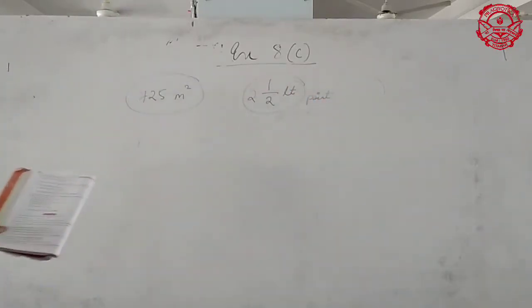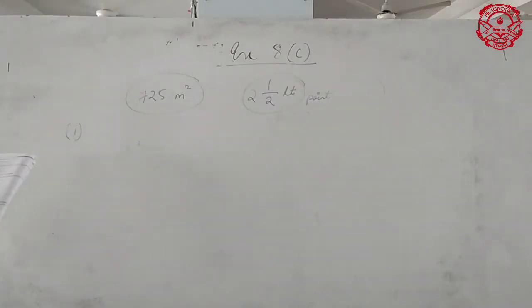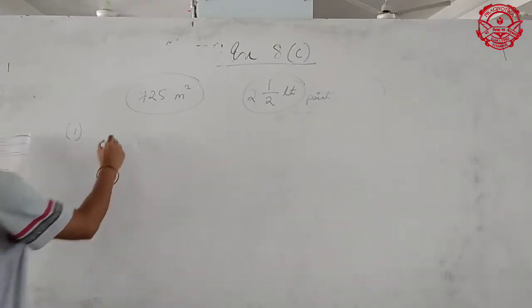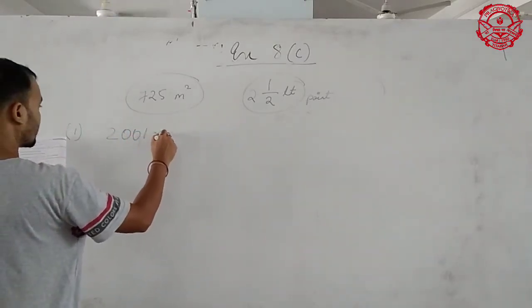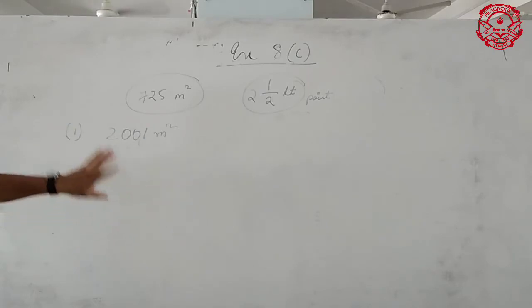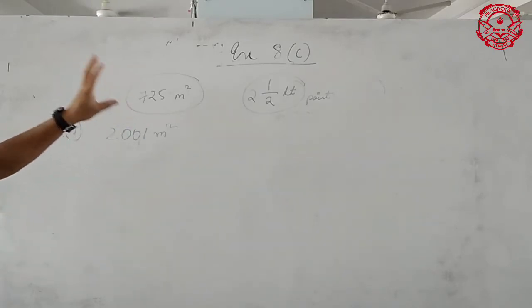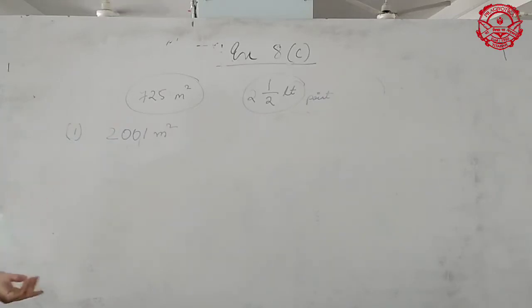Now what is the question asking? First part of the question is asking like this: how much will be required to paint an area of 2001 meter square? Okay. In order to paint 2001 meter square, how many liters of paint will be required by the painter?